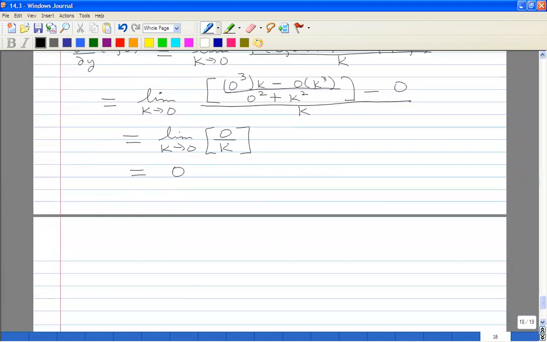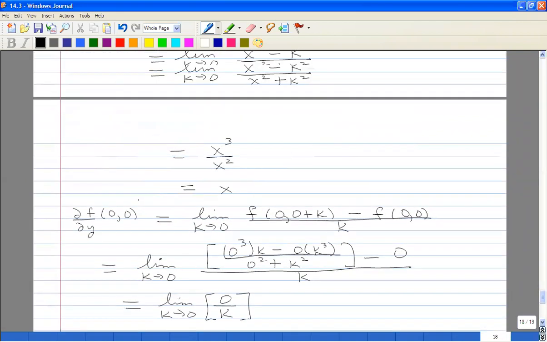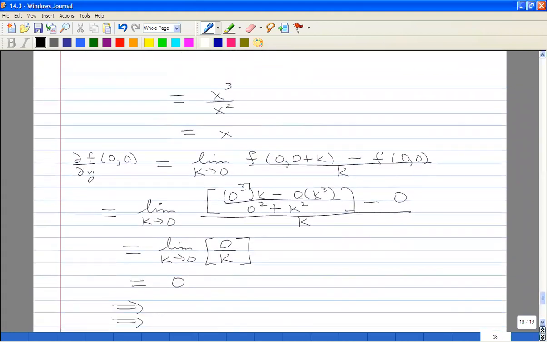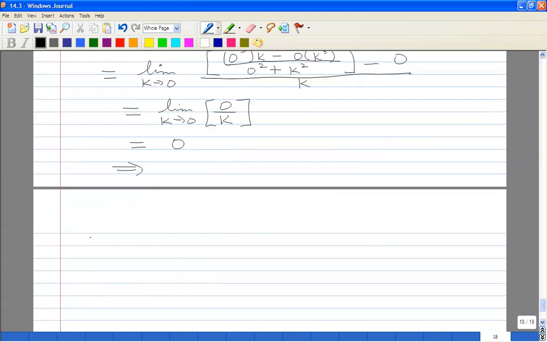And so this formula is going to be true for x equaling 0 also. And so I can say the partial of f with respect to y at (x, 0) is equal to 0 for all x.